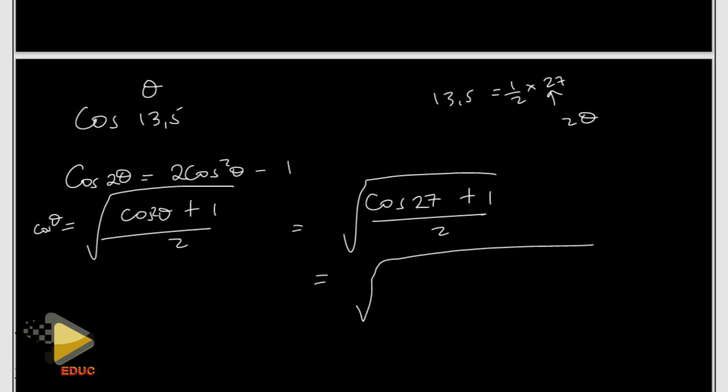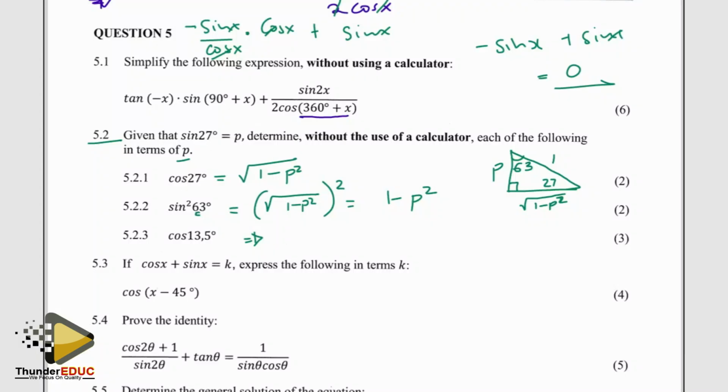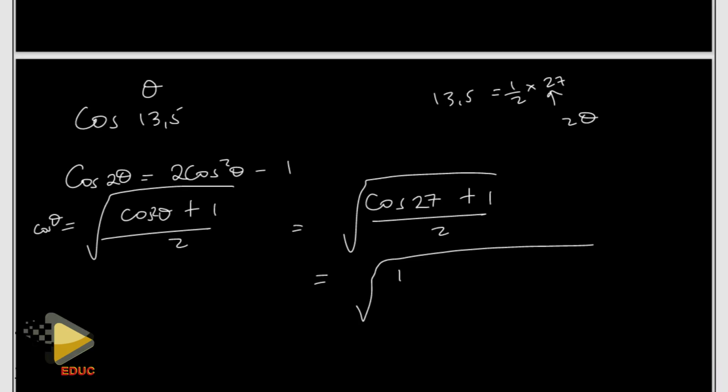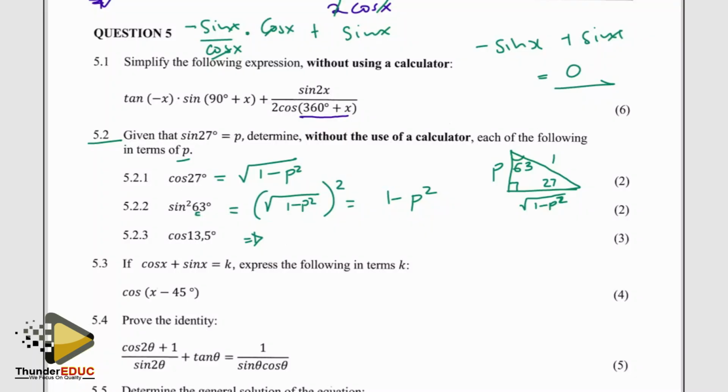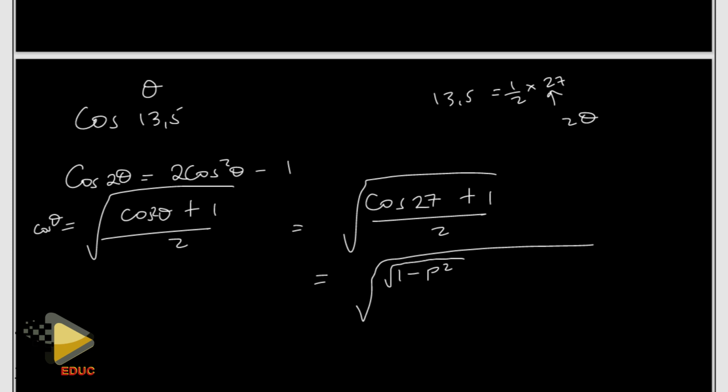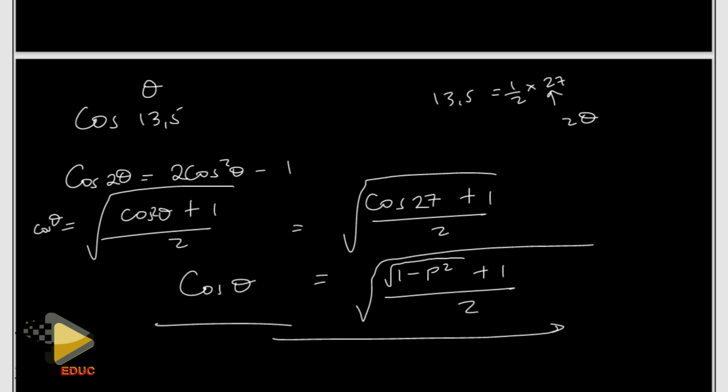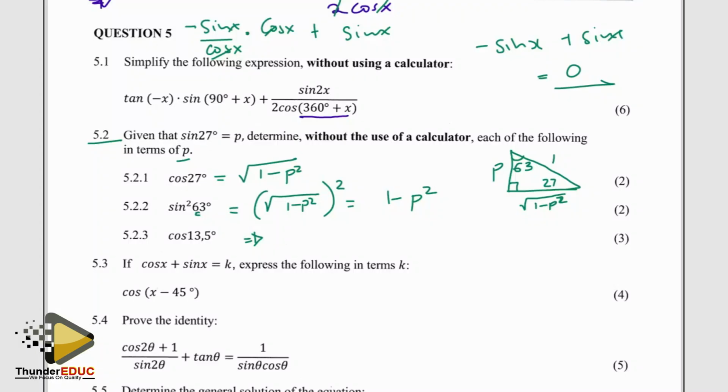So we were told that the cos 27 is square root of 1 minus p squared. We are adding a 1, then we're dividing by 2. So we can just leave it like that. This is the only approach that I'm seeing that I can use to obtain the cos theta alone. Okay, so that is 5.2.